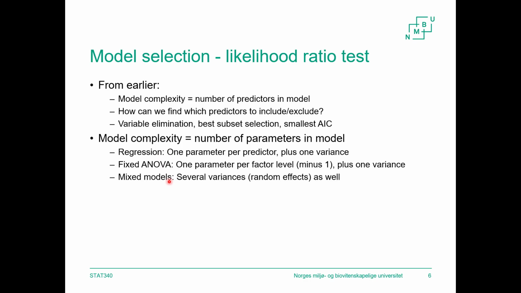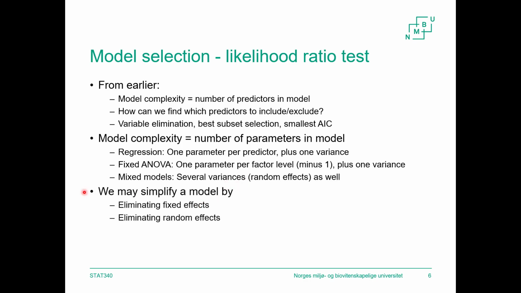The more parameters you have, the more complex the model, whether they are fixed effects or variances, all the Greek letters. So we may simplify a model by eliminating fixed effects, as we have done before, but we could also eliminate random effects in the same way.